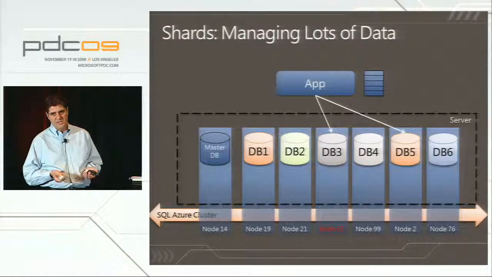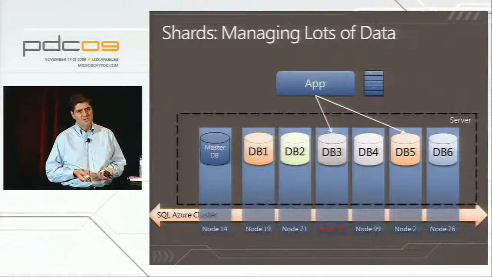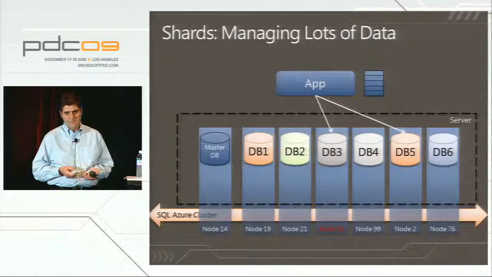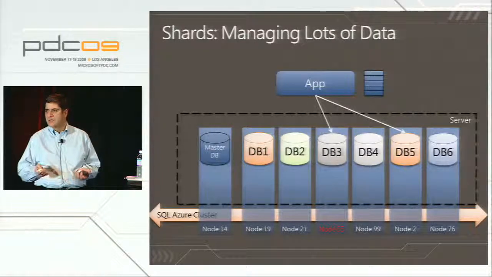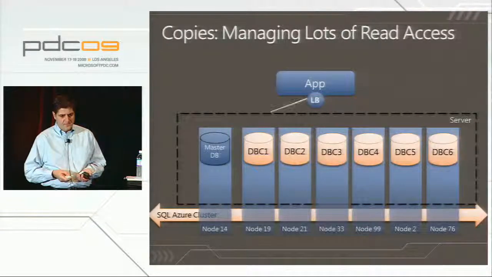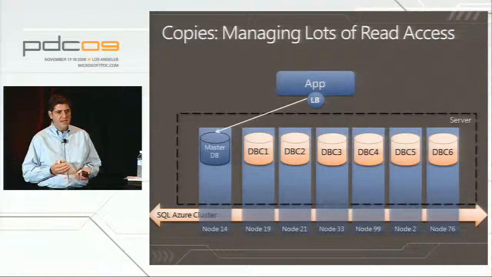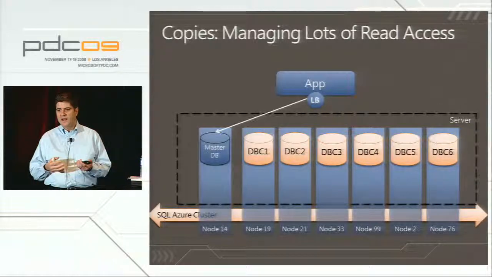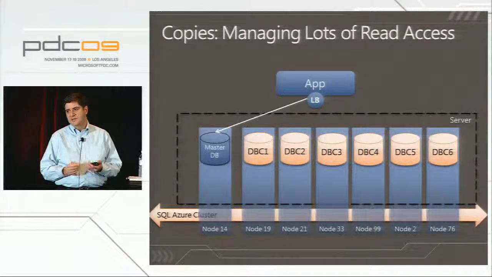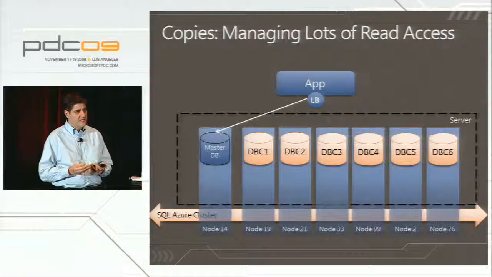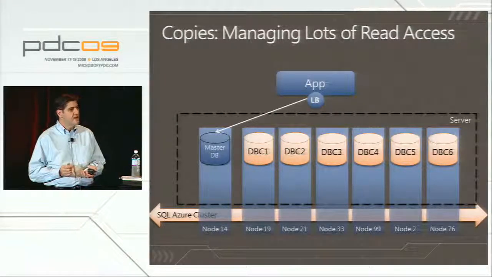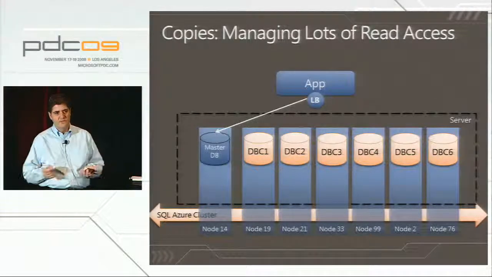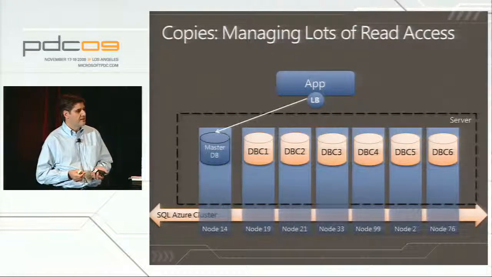Now, there are some cases where you don't have a lot of data, but you have a lot of transactional needs. There are a lot of queries. And if you saw the keynote stuff in Kelly Blue Book, that was the pattern where they basically have so much query throughput that a single machine cannot handle it. So their data is reasonably static in nature, and they use synchronization to keep the databases in sync. So when they do change the data, the sync framework synchronizes data across all the databases.